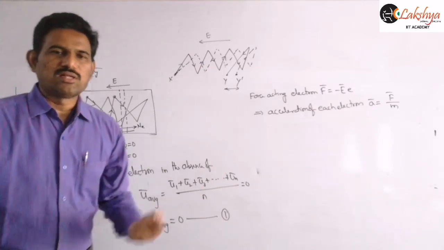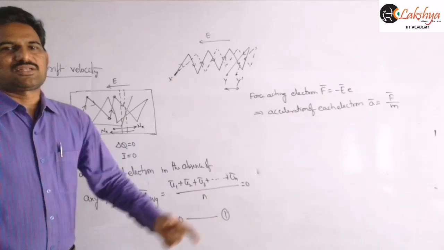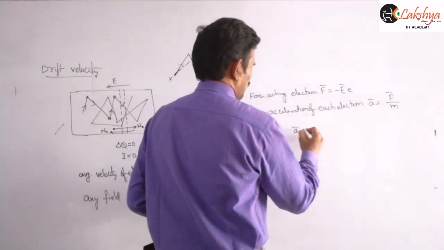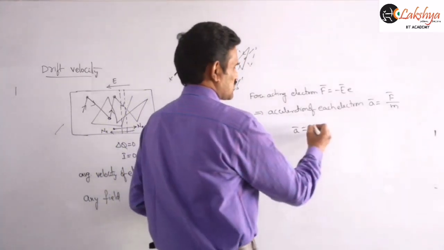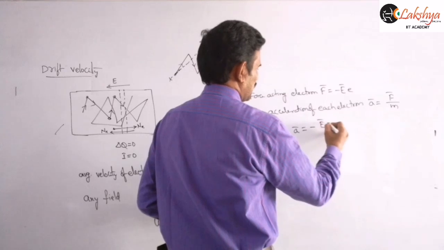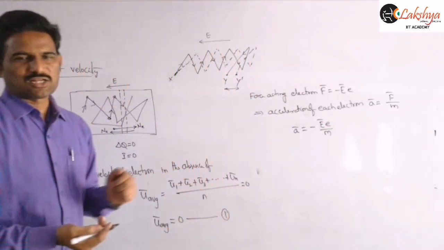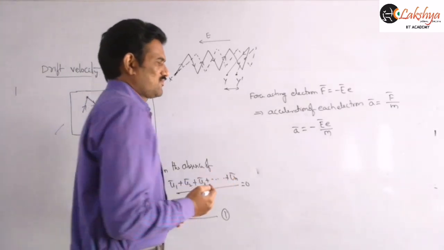Every electron, irrespective of its direction of motion, will experience that amount of force in the same direction, opposite to the direction of the electric field. Therefore, I can write the acceleration as minus e E by m, right? Capital E is the electric field applied, small e is the charge of the electron and m is the mass of the electron.